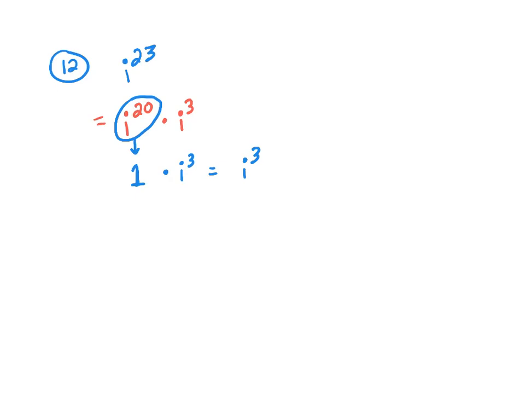And you might be tempted to stop there, but we can rewrite i to the 3rd with another thing that we know, which is i squared. We can write i to the 3rd as i squared times i to the 1st. The exponents should add to be the 3. And maybe you remember i squared is the same as negative 1. Negative 1 times i is just negative i.